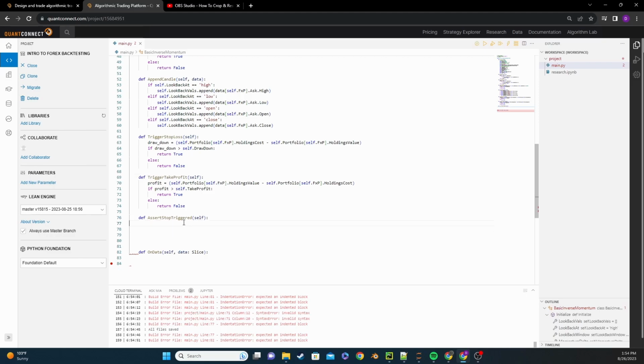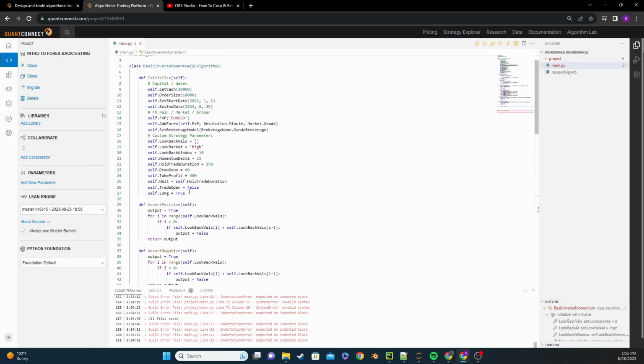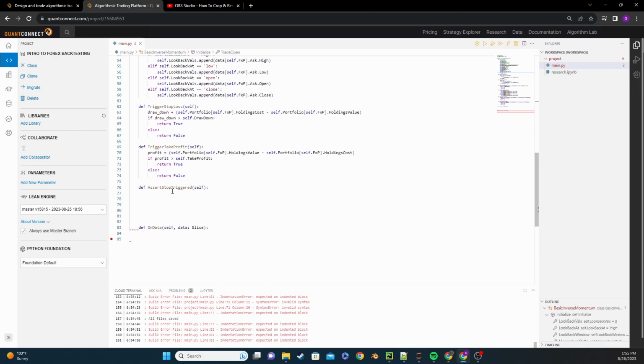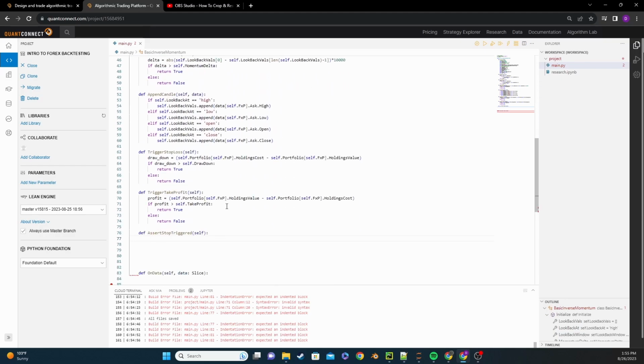Getting to this last one. So let's assert if the stop has been triggered or not. We do have this parameter up here for if the trade is open. So first, in asserting if a stop was triggered, we have to know, was there even a trade open? Okay. So let's do that.